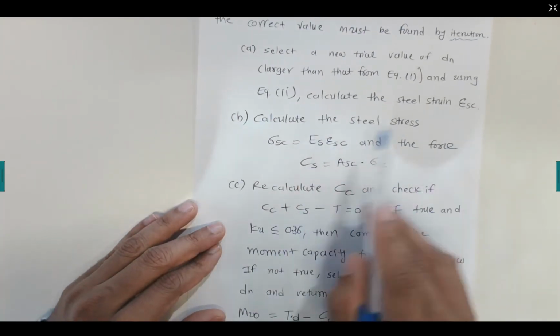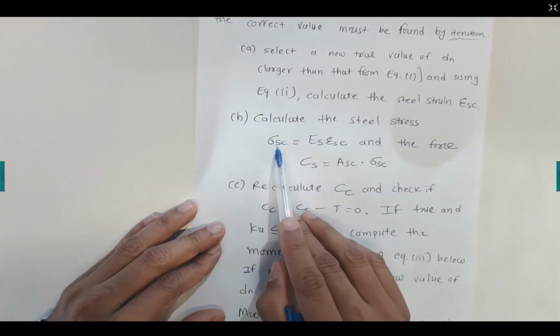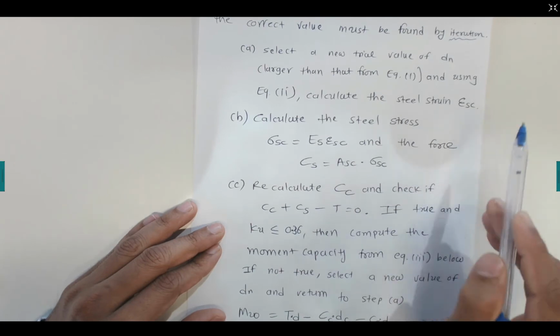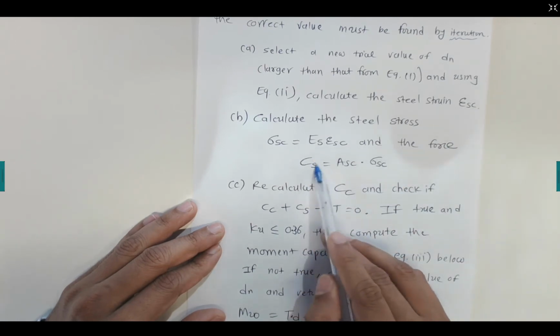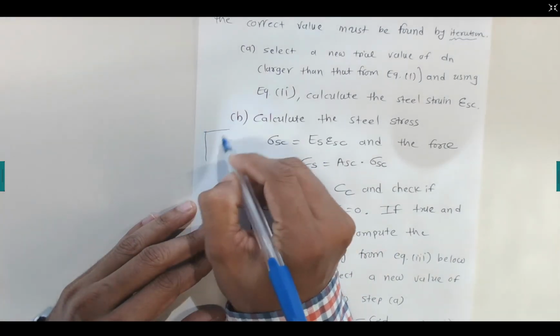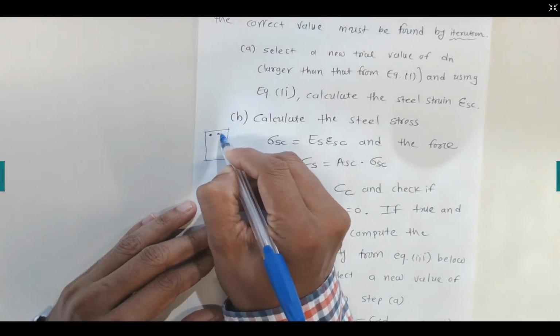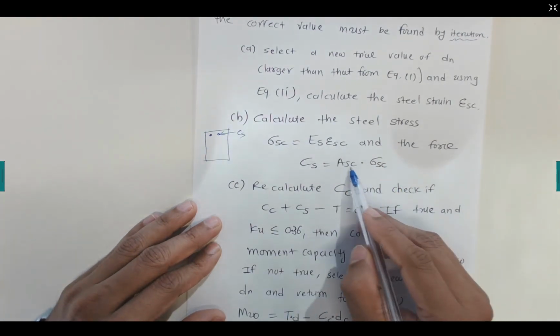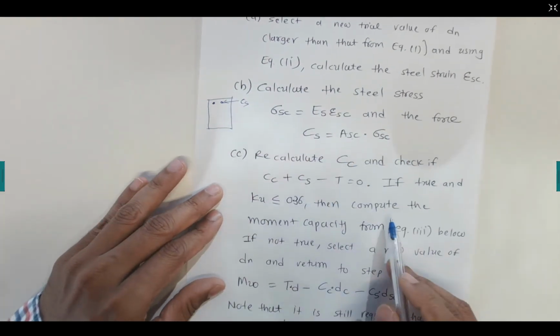Once we calculate epsilon sc, we can calculate the stress in the top reinforcement by multiplying the Young's modulus with the epsilon sc that we calculated, and then we can calculate the force Cs, the top reinforcement force. This force is the compression force in the top reinforcement, area times the stress that we calculated here.